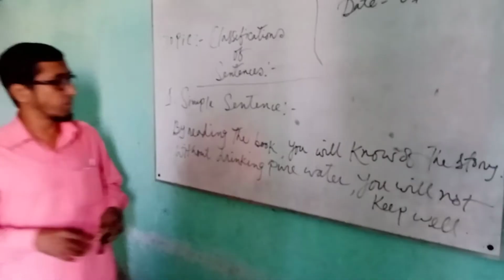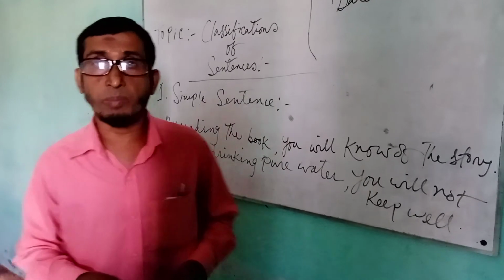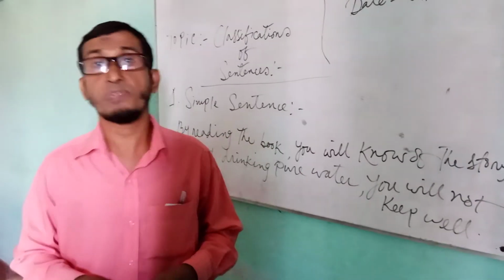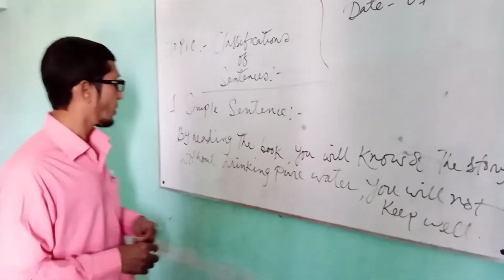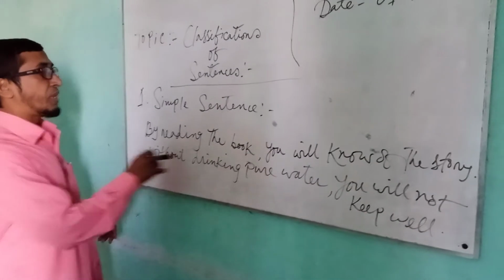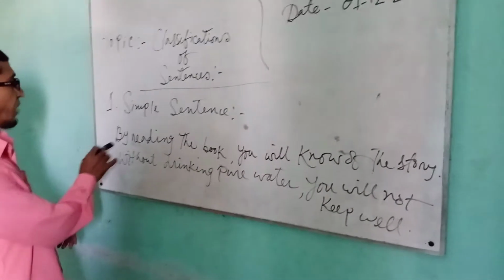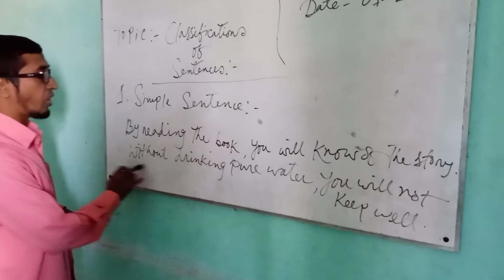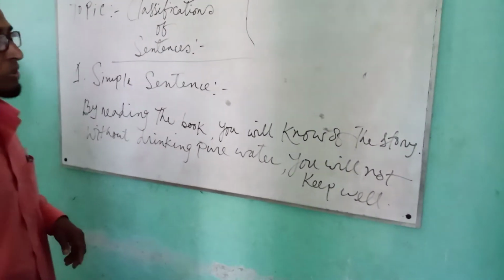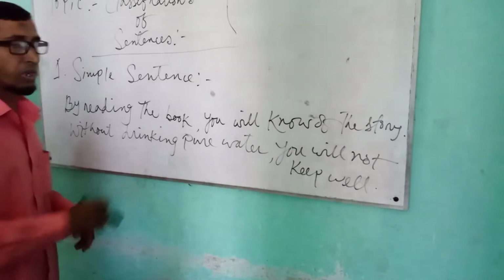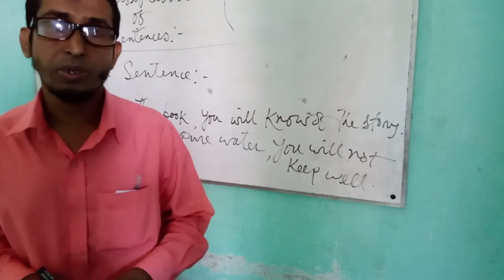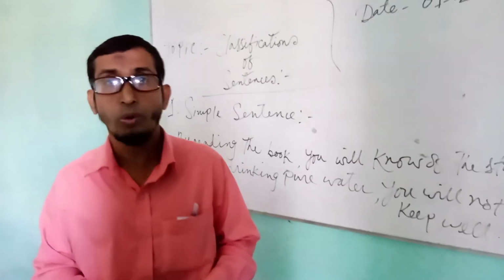Now, my dear listeners and learners, I am giving some instances following such kinds of signs. By reading the book, you will know of the story. By plus gerund. Similarly, without drinking pure water, you will not keep well. Without plus gerund. Jerry came here at the age of 4.